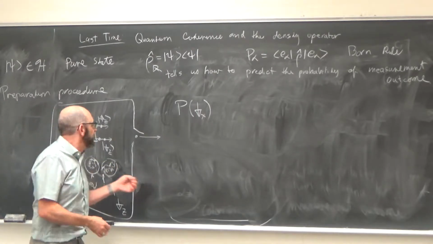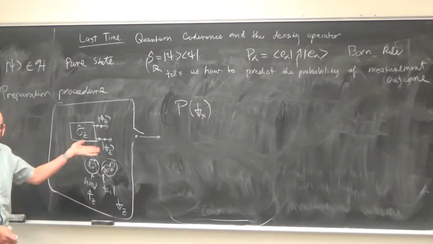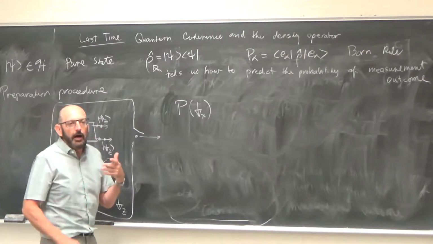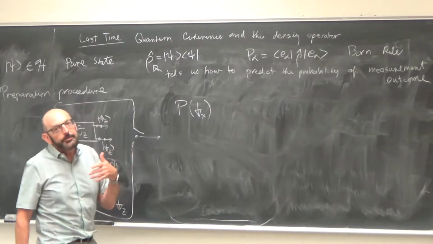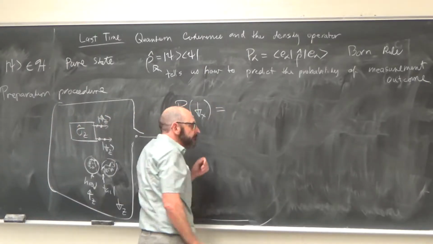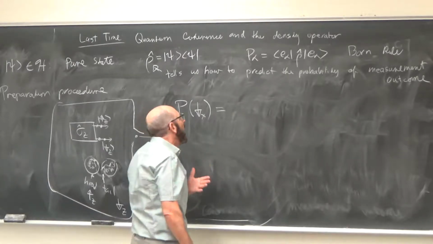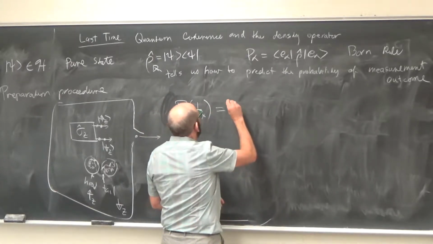You're going to flip this wonderful coin that has heads and tails on it and decide whether to spit out up or down. Then the way I would say, well, if Alice spit out the spin up along Z, then I know how to calculate.